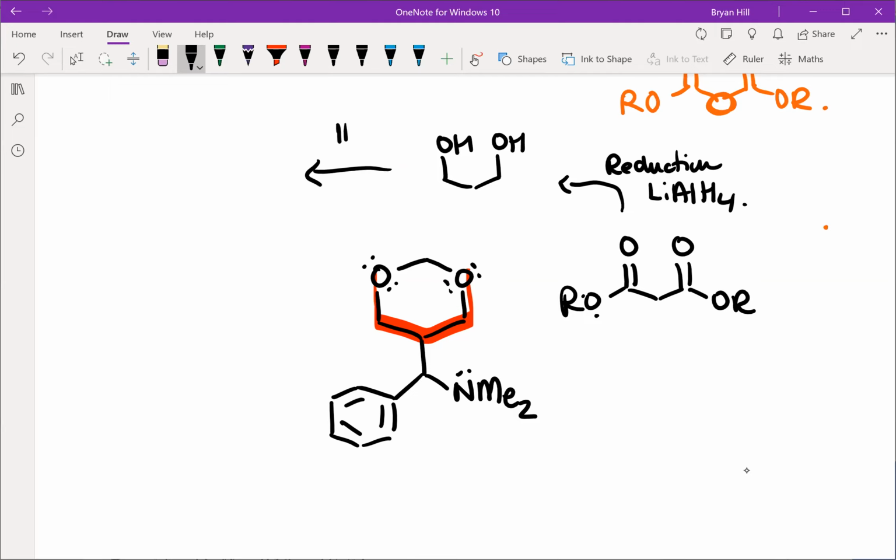So we would use, I guess, formaldehyde plus H+, and that's going to make the acetal. So that's how the functional group interconversions would work with this molecule. But this would have to happen at the very end.